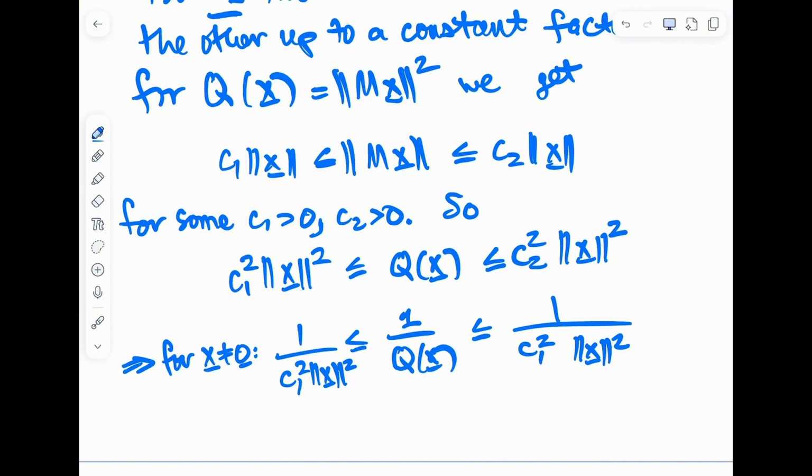Oh, what happened there? I'm sorry, error. I meant to say c2 squared, right? You decrease the reciprocal by increasing the denominator, up to c2 squared times the ordinary squared length.